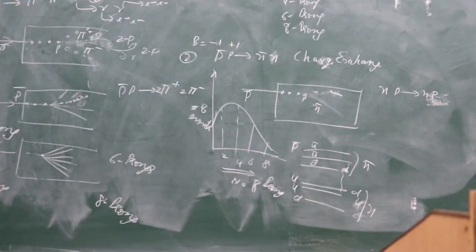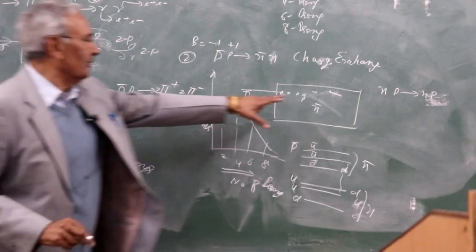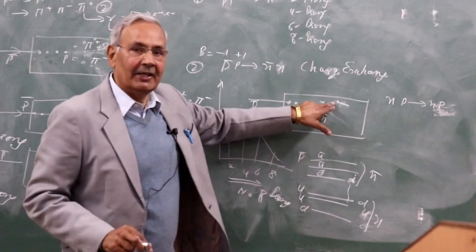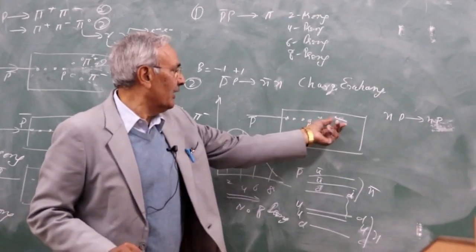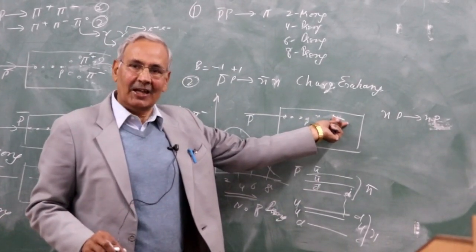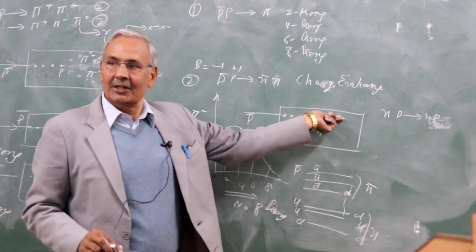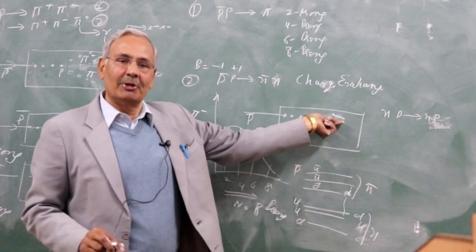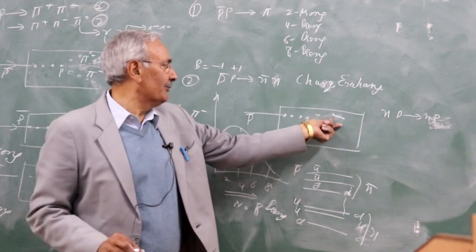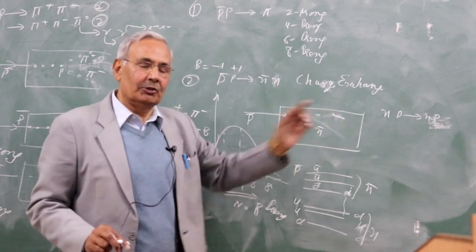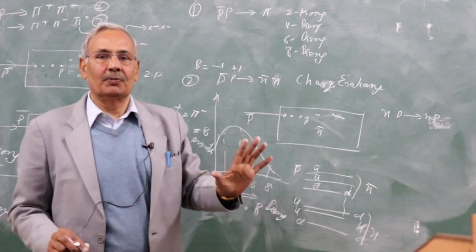Here the proton will have a track. Nothing was visible here, and suddenly you find a small track, and because it's a proton track, it's a scattered one. If it is scattered, the momentum is small. If the momentum is small, it will go a very small distance and then stop.